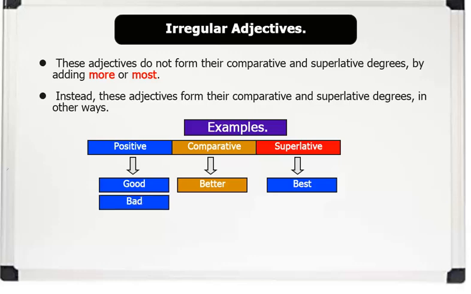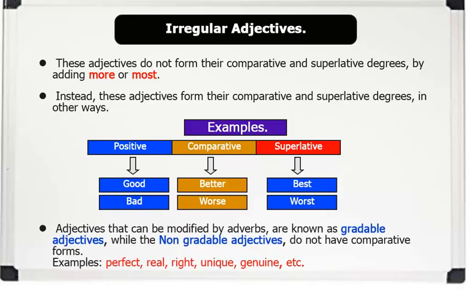Positive, bad. Comparative, worse. Superlative, worst. Adjectives that can be modified by adverbs are known as gradable adjectives, while the non-gradable adjectives do not have comparative forms. Examples: perfect, real, right, unique, genuine, etc.